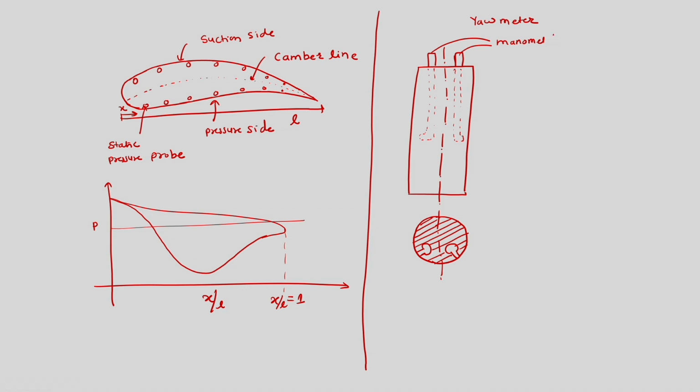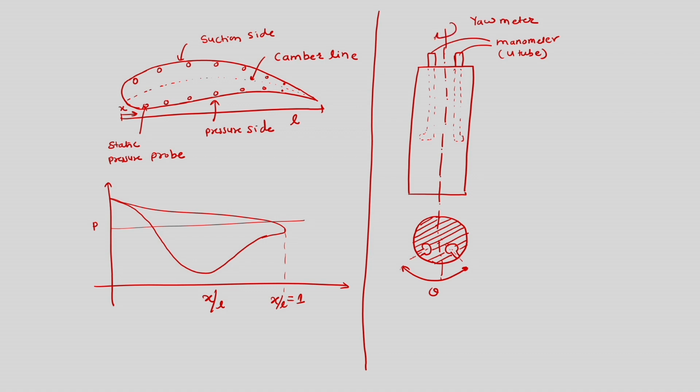And then for the sake of simplicity we can say that it is a U-tube manometer. Here these two holes are at a certain angle, and this angle is theta.